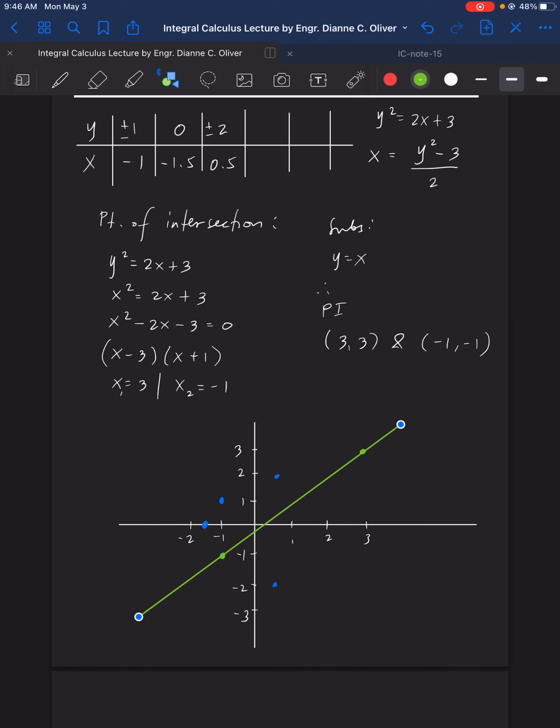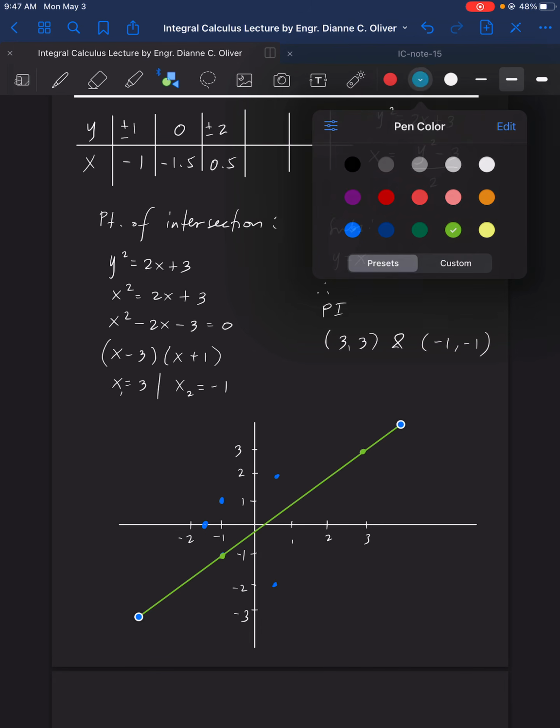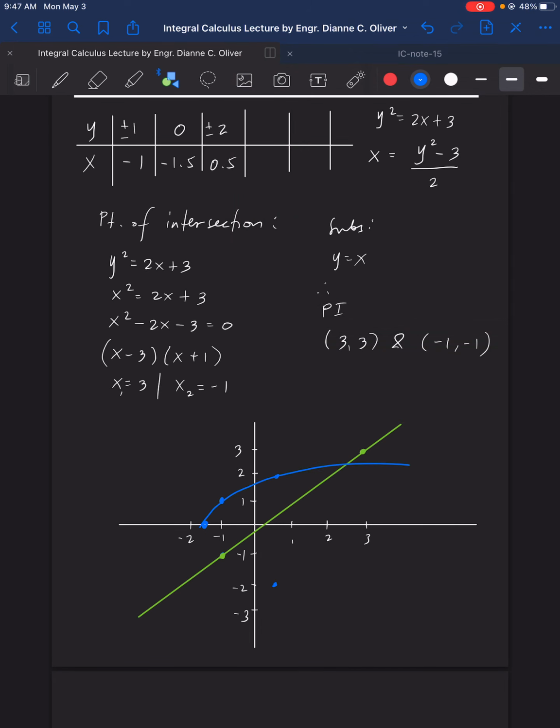Alright, therefore, let's sketch. So this is the line. Then we have the curve, parabola. Alright, so I have a problem with my sketching, but the point here is we get a picture of how it looks. So there you go.